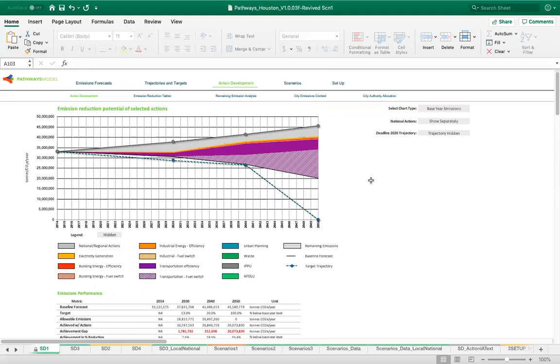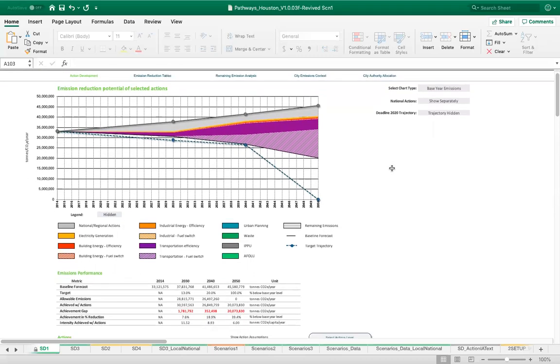But this model uses the aggregate values for sectors. It's not able to capture every individual line by line item, because you can imagine the complexity somewhat gets out of control for something that's limited by Excel's capabilities.